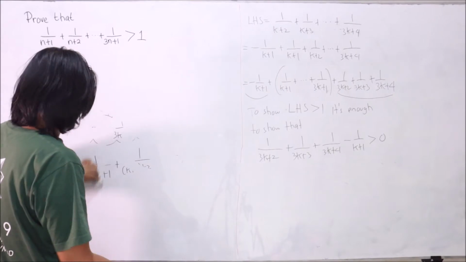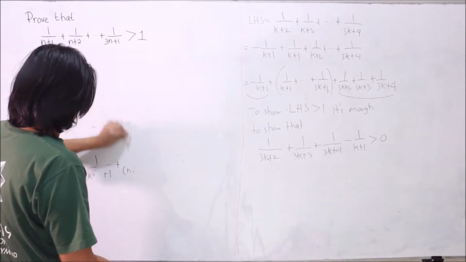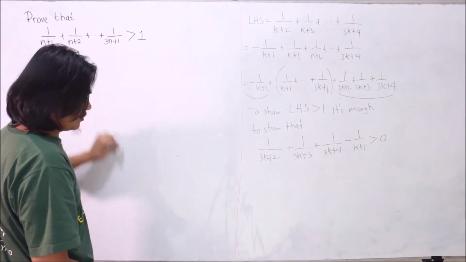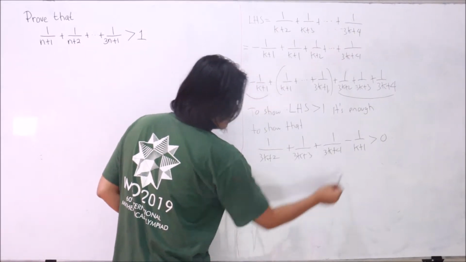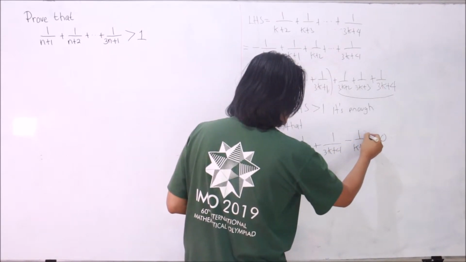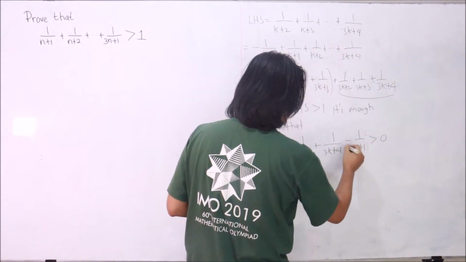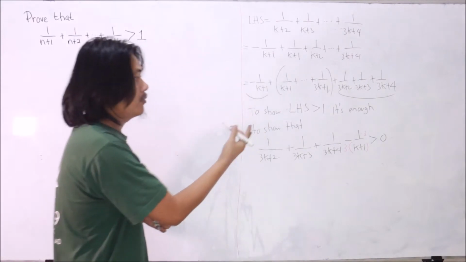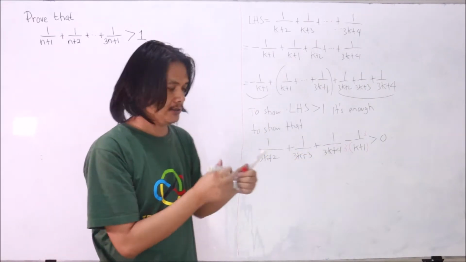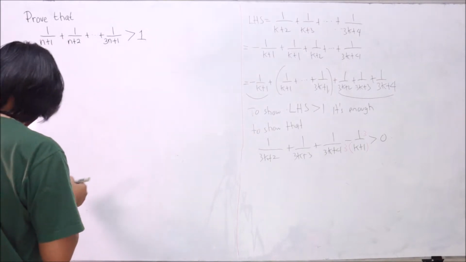So notice that for the last term, we can multiply the top by 3 and also the bottom by 3. Right? So we have 3 times 1 over 3k plus 3. And then we will split them.